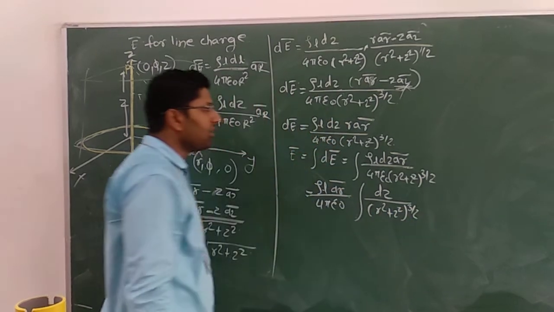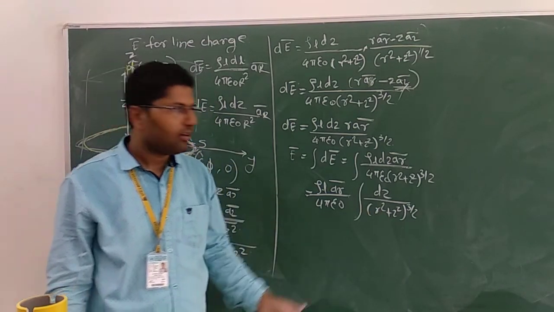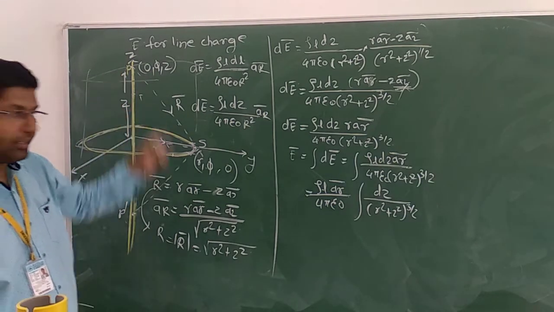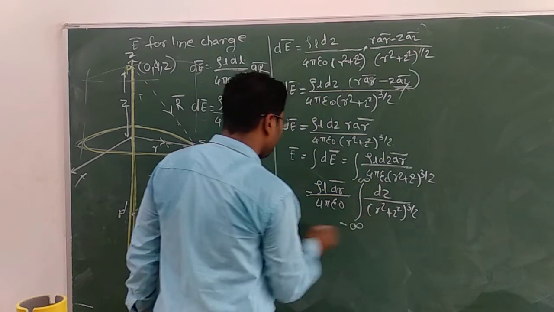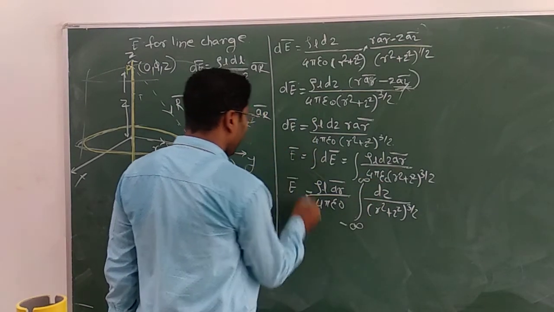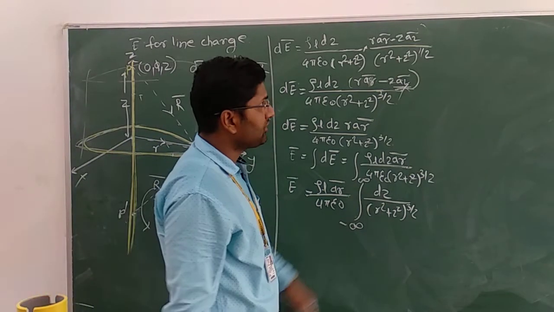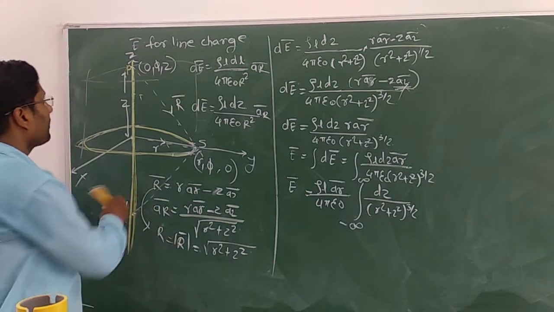Now what is the limit? Tell me the dZ limit. Z is varying from minus infinity to plus infinity, so the limits are minus infinity to plus infinity, that is E bar. Now we have to do the simplification in this.